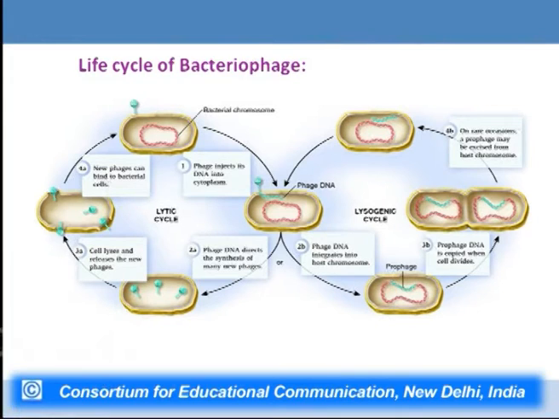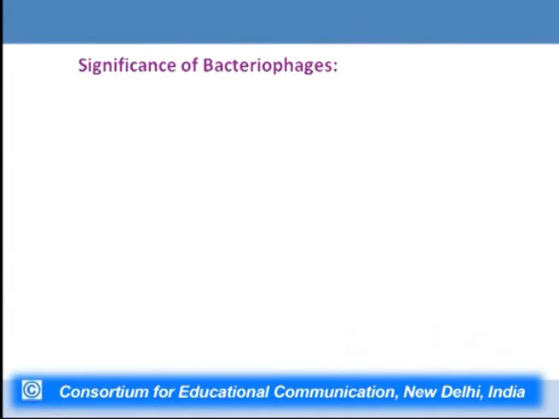Whereas in the case of the lysogenic life cycle of bacteriophages, the DNA gets inserted into the host chromosome and it replicates along with the DNA of the host, and it is passed from one generation to the next generation. Under adverse conditions, this particular prophage can be excised out and it leads to formation of bacteriophage particles and ultimately lysis of the bacterial cells.